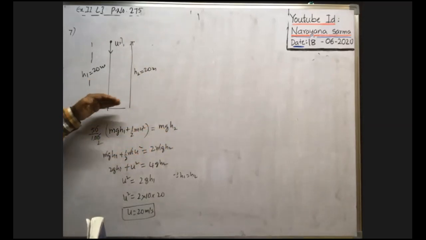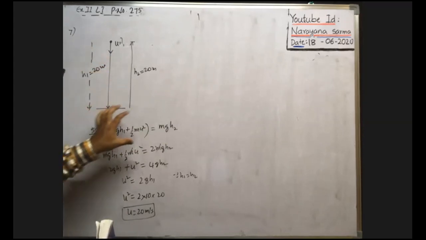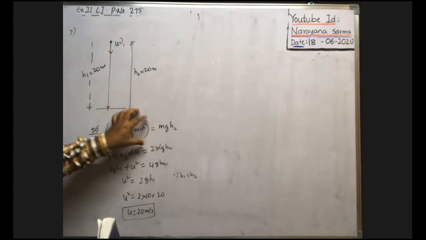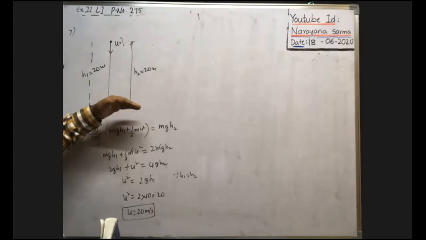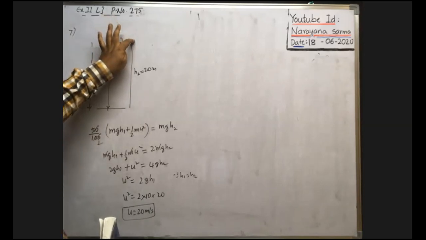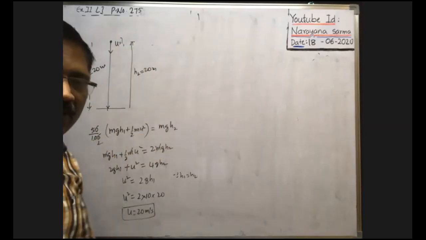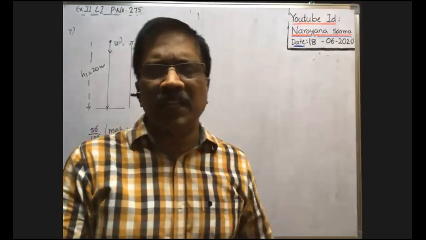Whenever it makes collision, it loses 50%, so it rebounds with 50% of total energy. With this 50% of total energy, it rises up to a height so that this total energy is converted into potential energy, according to the conservation of energy principle. Tomorrow I will explain the conservation of energy principle, everything.